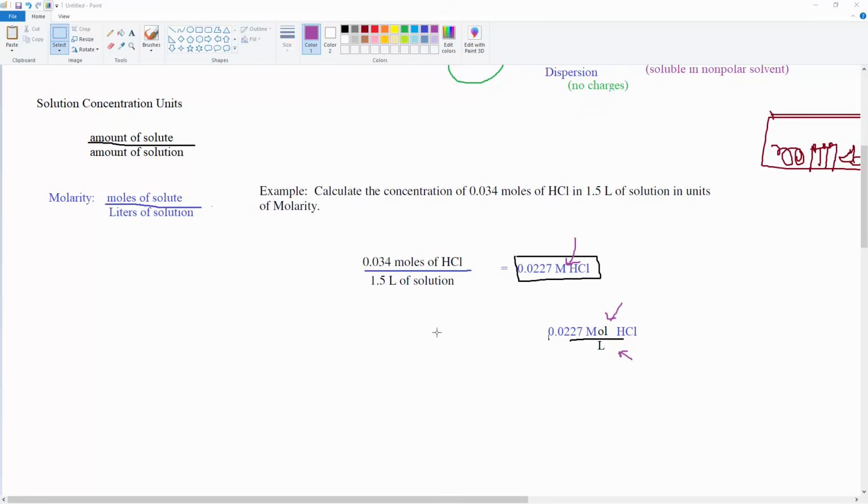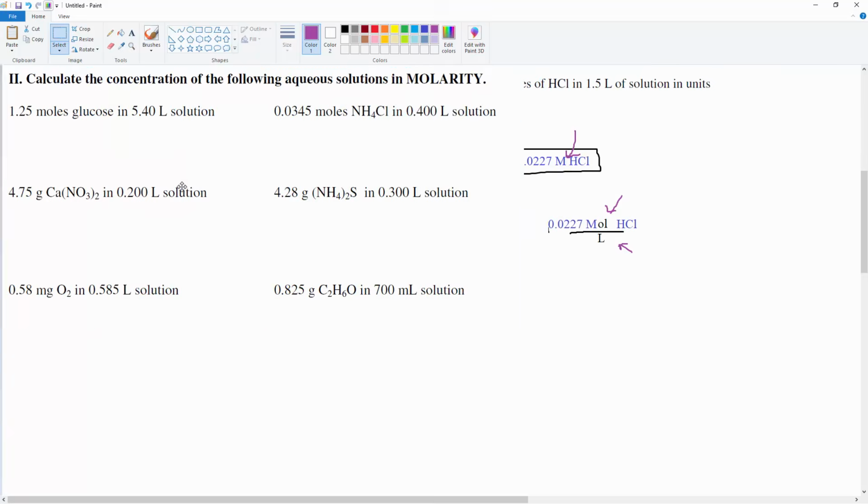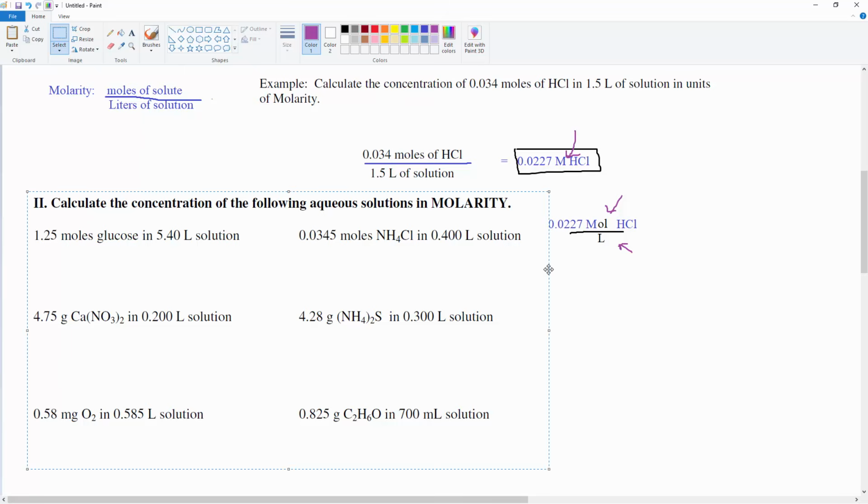Molarity. I'm going to pull these up from the worksheet, and you can help me solve these problems. So for the first one, how am I going to solve this molarity of a solution with 1.25 moles of glucose and 5.40 liters? Good, yeah, you're just going to plug it in, right? Again, you're going to be like, hey, there's my moles, done.